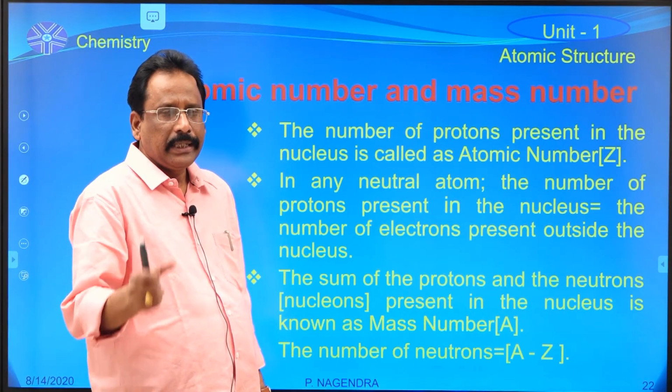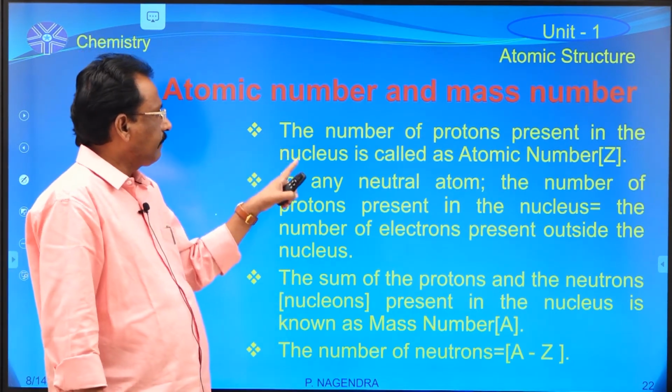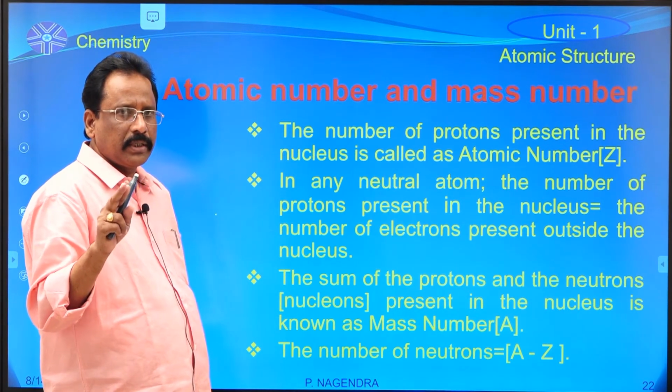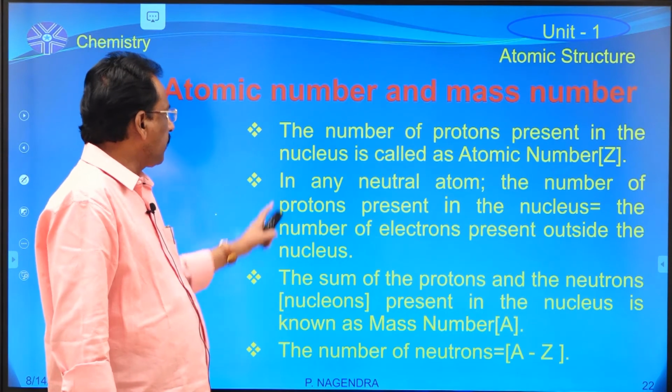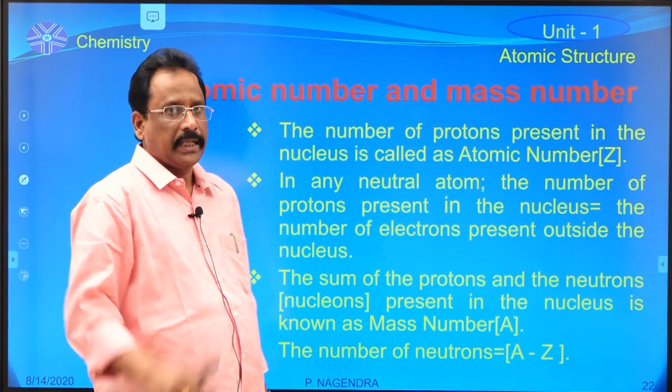Now the next topic in atomic structure is atomic number and mass number. These are the two basic points in the language of chemistry. The atomic number was determined by Moseley.